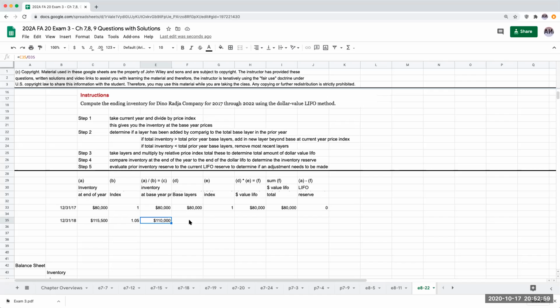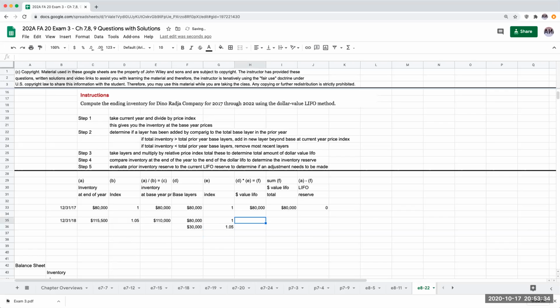So now I'm able to say, okay, of this 110,000, 80,000 was here from before at an index of 1, and then I added on a layer. The amount of the layer that I added on is 110,000 minus 80,000, or 30,000. But this 30,000 is going to be at the current year price index of 1.05.